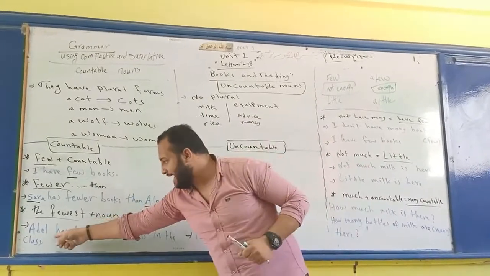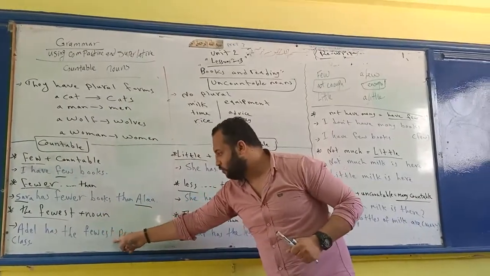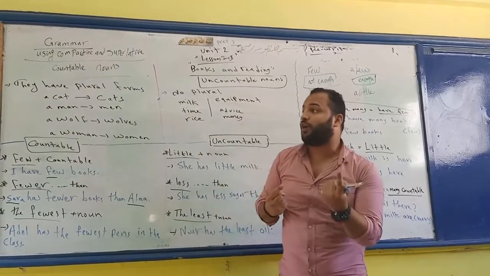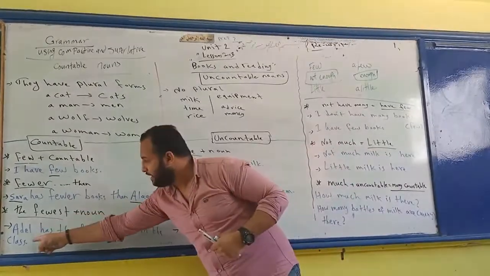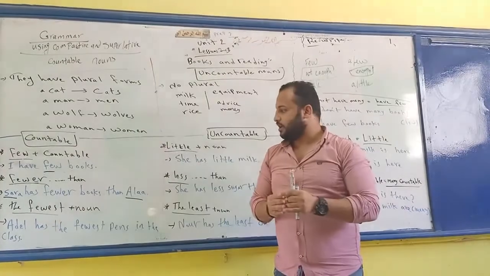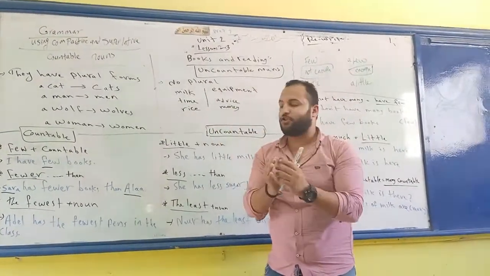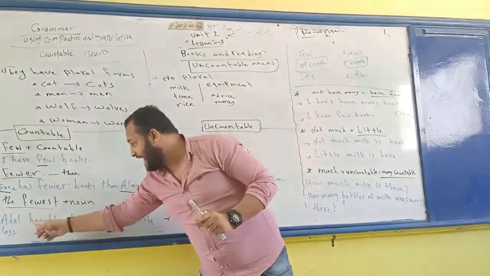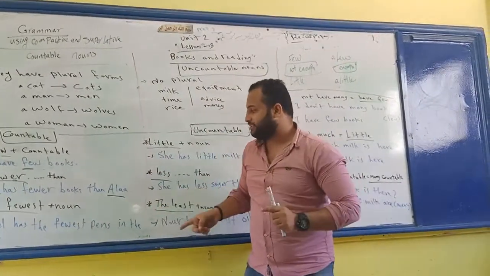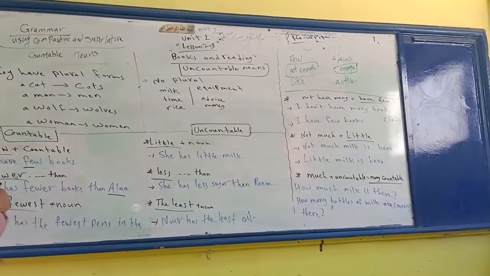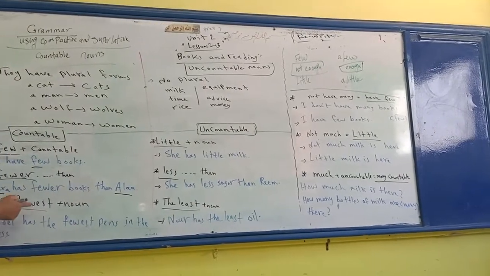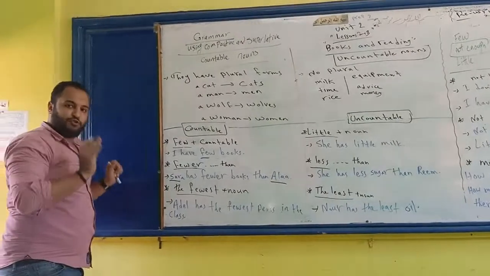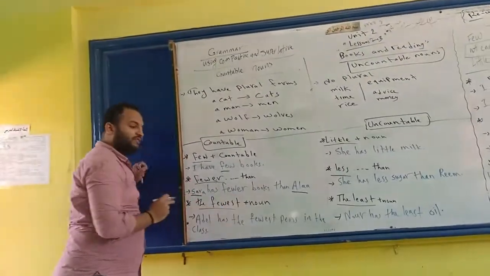For example, Adil has the fewest pens in the class. Now I compare Adil to another one? No. I compare Adil to the class, to all the students in the class. So it's called the superlative form. Adil has the fewest pens. So the suitable form here is few plus est to become the fewest plus countable noun.